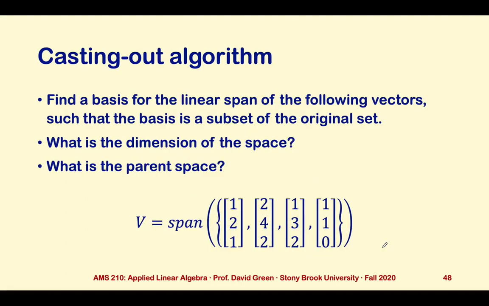Now let's consider a second example. Again, finding a basis for the linear span of a given set of vectors. But in this case, we're looking for a basis that is a subset of the original set. That is, we want our basis vectors to include only vectors from these 4 that are given.